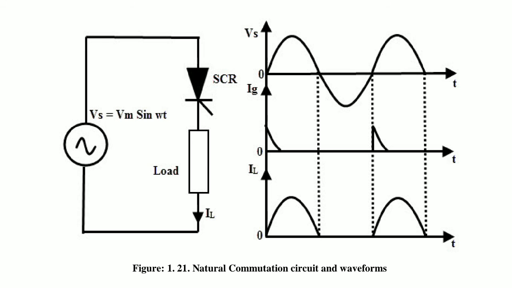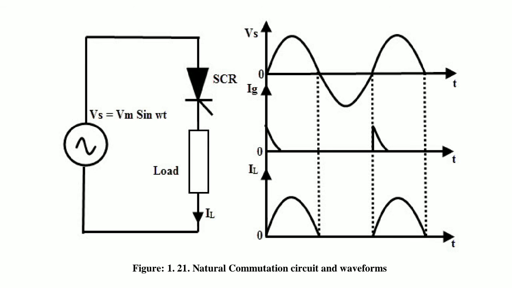During the negative half cycle there is a negative supply to the anode of the SCR, so it will be in reverse bias, and there will be no current flow through the SCR. Again in the forward bias, or the positive half cycle, the gate supply is provided to the SCR and the load current again flows through the load resistance. In this way we can turn off and turn on the SCR with the use of positive and negative half cycles of the source.